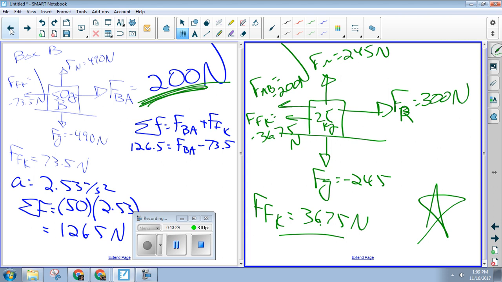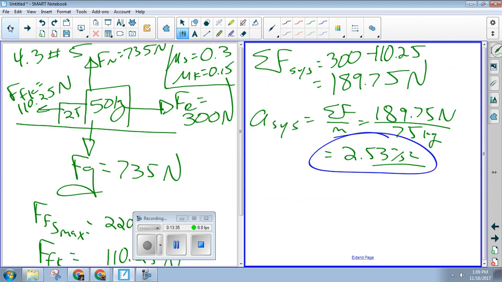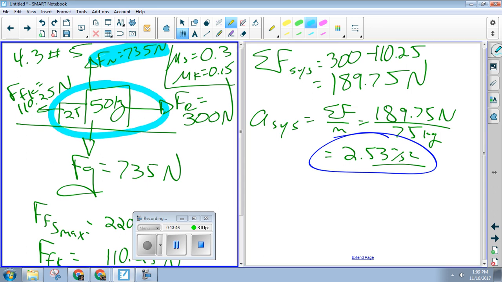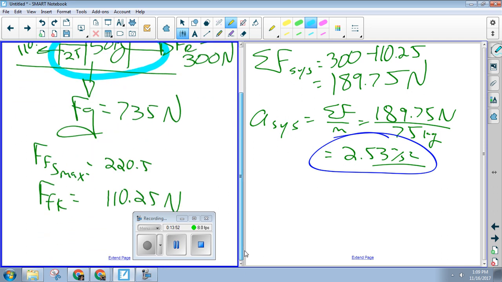Yeah, Caleb. Explain the kinetic friction thing. In our original problem, when we looked at the whole system, the question was to explain the kinetic friction again. In the original problem, when we were looking at the whole system, our normal force was 735, right? And that determined my force of kinetic friction.